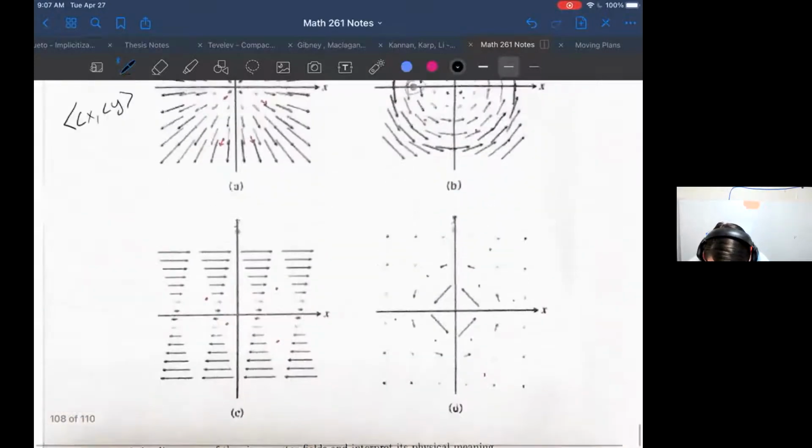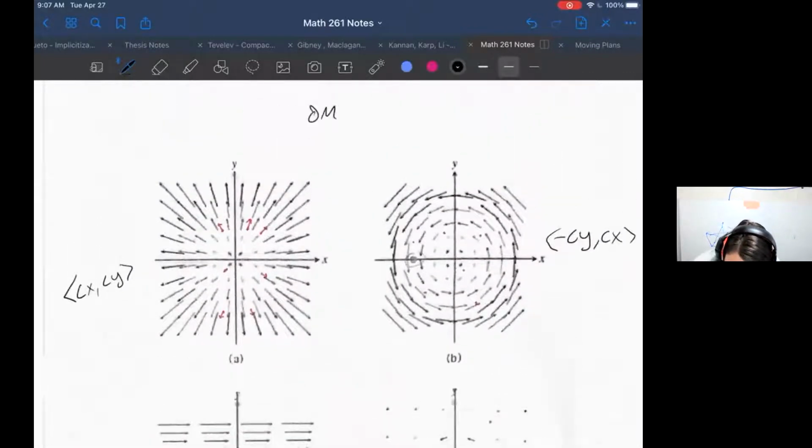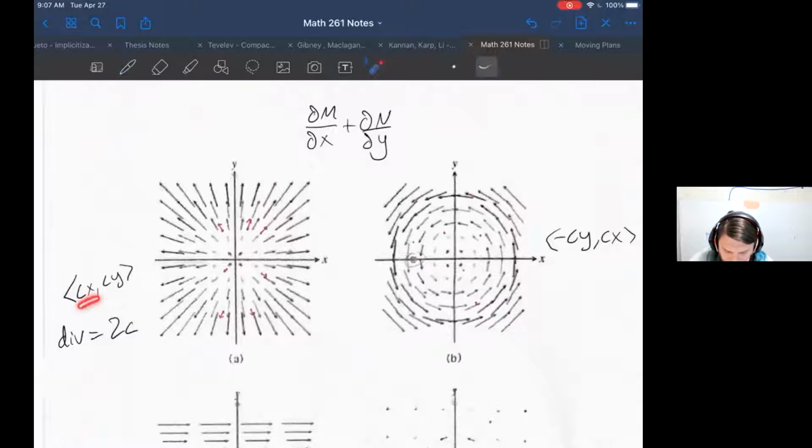So for a positive constant, if we come back up here, again, write del M del x plus del N del y. If we look at the first one, we would get a divergence of, just like we saw, 2c, right? If we take the derivative of M with respect to x and N with respect to y, we get c for both of them.